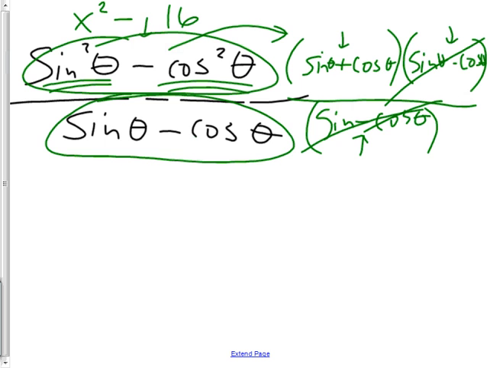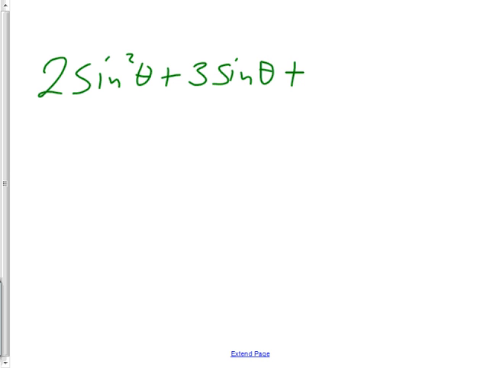All right, another kind of factoring one. You should be good at factoring for this test. 2 sine squared theta plus 3 sine theta plus 1 equals 0. Factor that one.